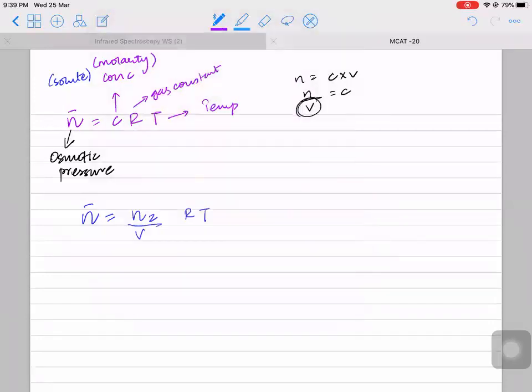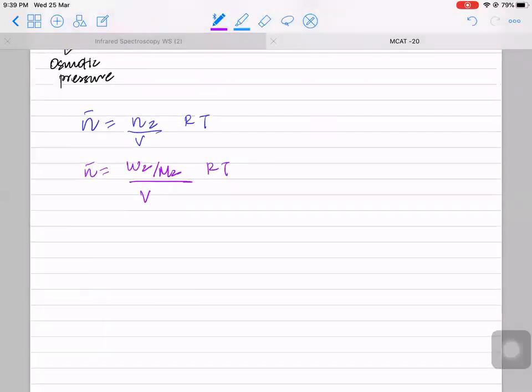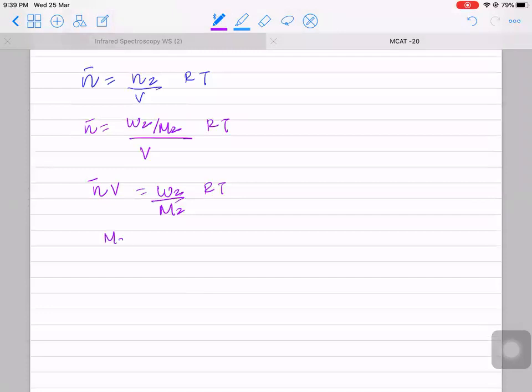Mass upon molar mass. So n can be written as W2 upon M2, upon volume, RT, right? And then you can put the volume there. It becomes osmotic pressure times volume is equal to W2 upon M2 times RT, right? And then you can take M2 there. So it will become M2 is equal to W2 RT upon osmotic pressure times volume, right?